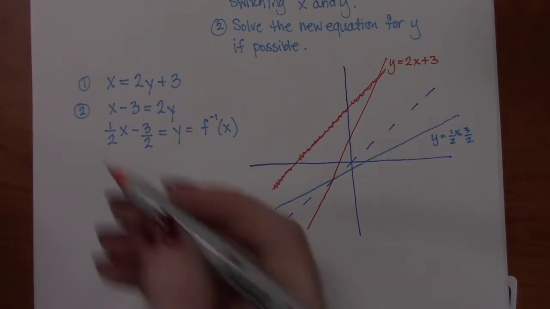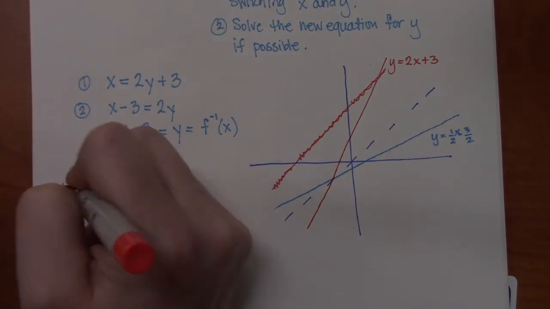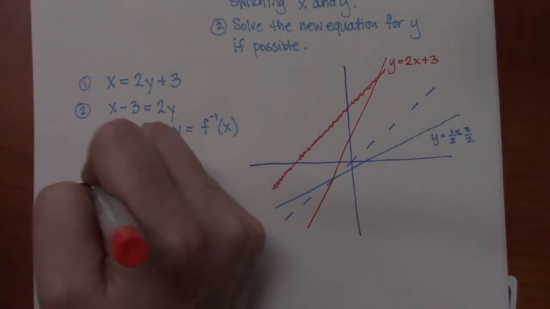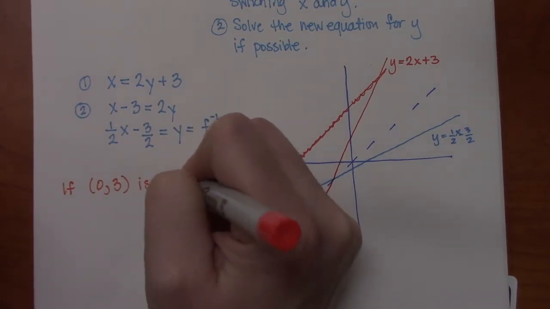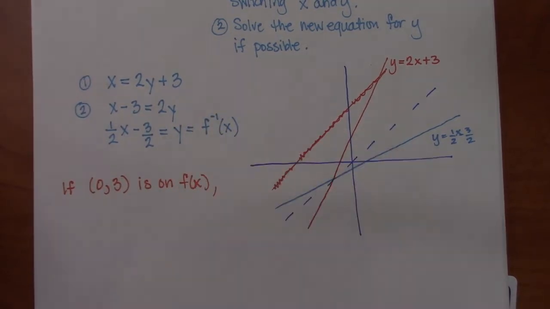So (0, 3) is on the graph of f of x, right? If you plug 0 into the red line, 3 comes out, right? Where would that point be on the blue line? Does everyone take a guess?